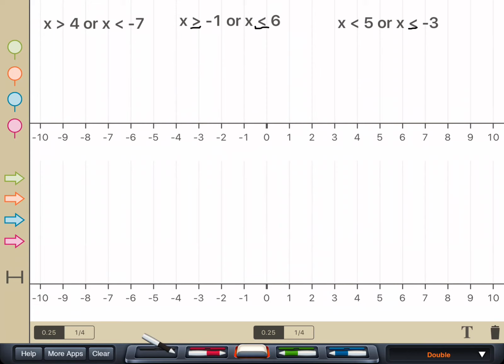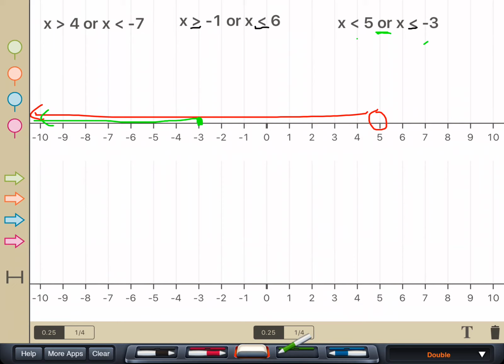Okay, so we need x is less than 5. All right, so x is less than 5. Like that. Or x is less than or equal to -3. Like that. Now, we need to graph all the values that work for at least one of these.